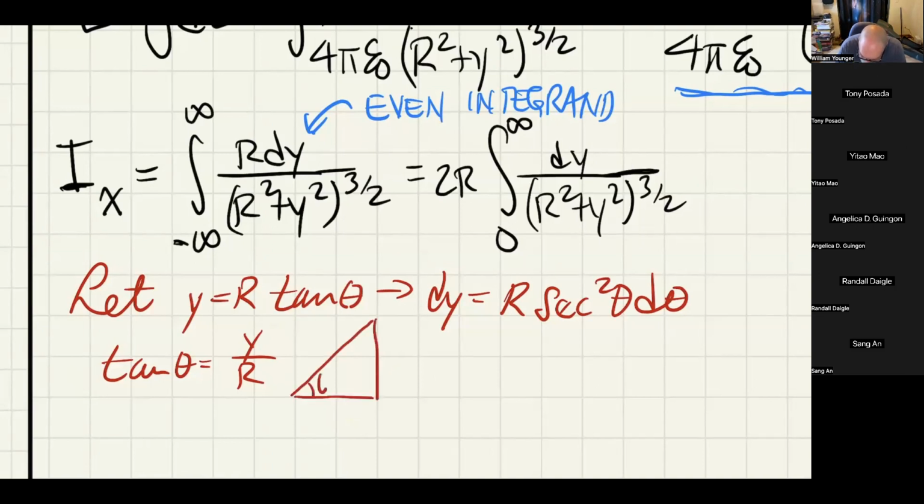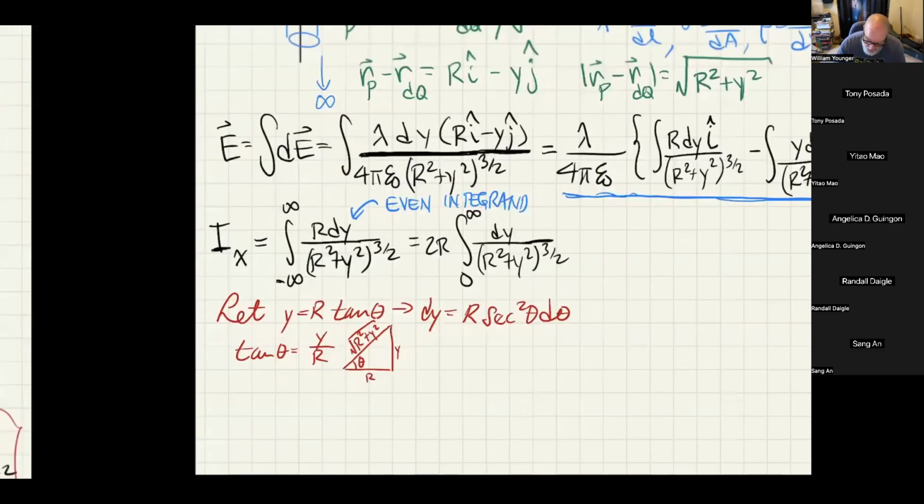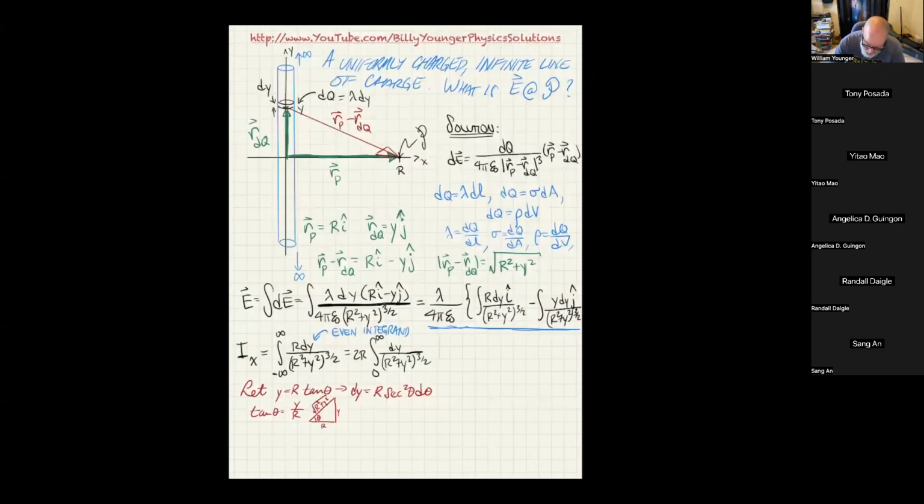So this is the angle theta, there's y, there's r. This is the square root of r squared plus y squared, like that. So if I go to y equals infinity, what I'm really doing is letting theta go to pi over 2, basically 90 degrees.